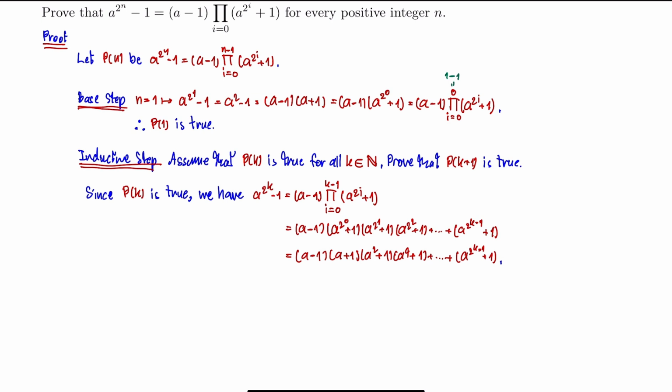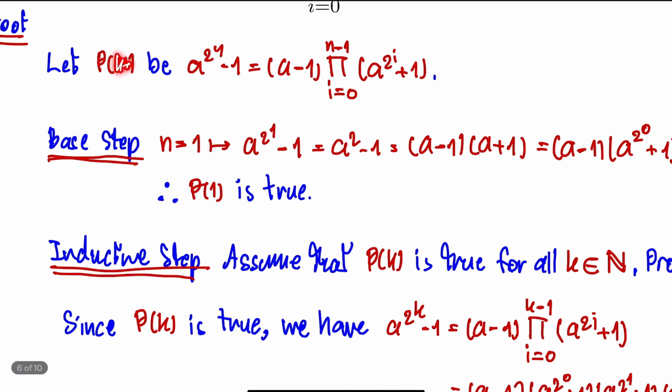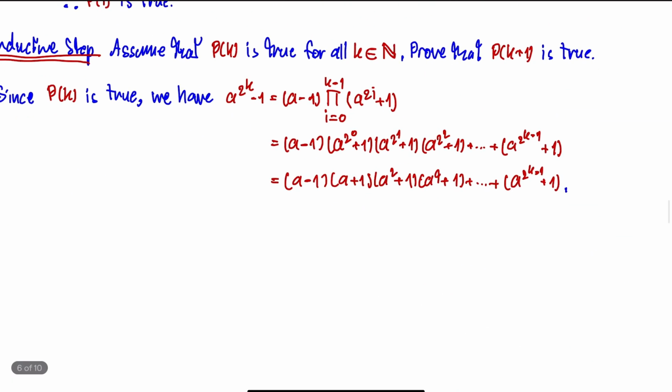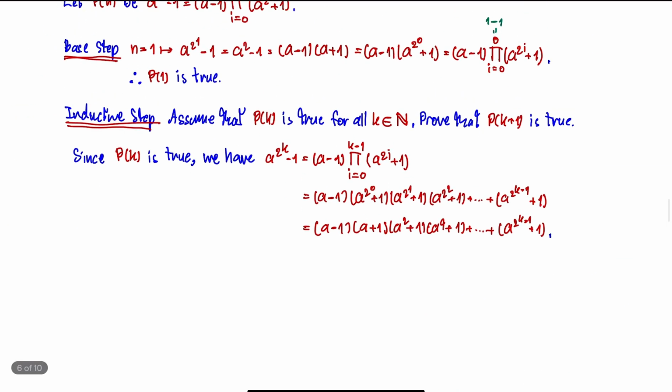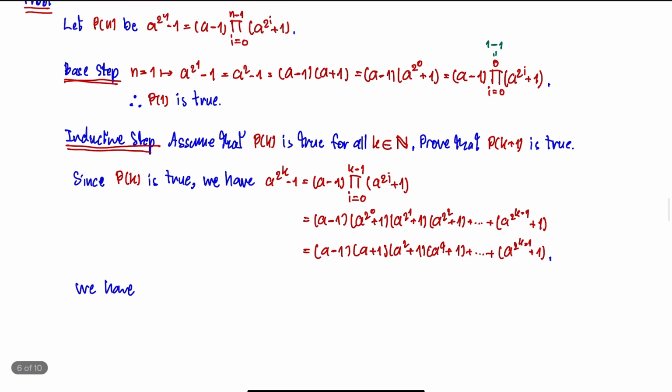So we start to plug in k plus 1 into this n. So we're going to have a to the 2 to the k plus 1 minus 1.